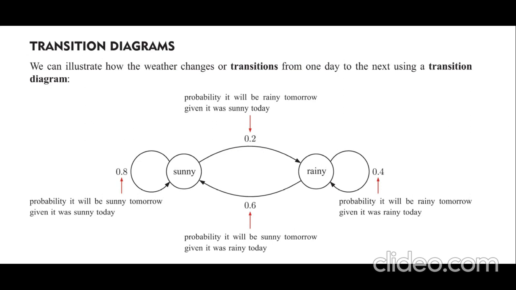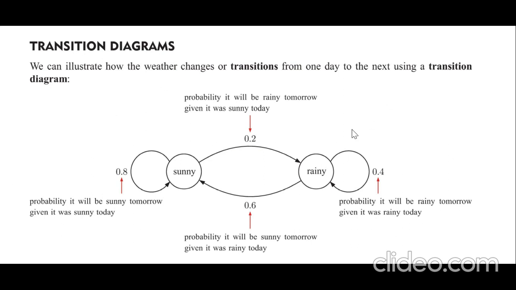Markov chains have a subtopic called transition diagrams. This is what will illustrate what we just read. Those 3 pointers will help us in making this diagram.